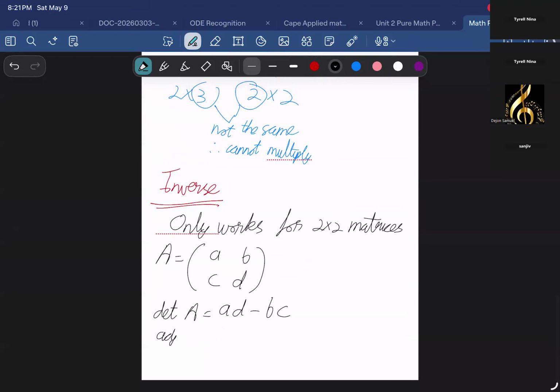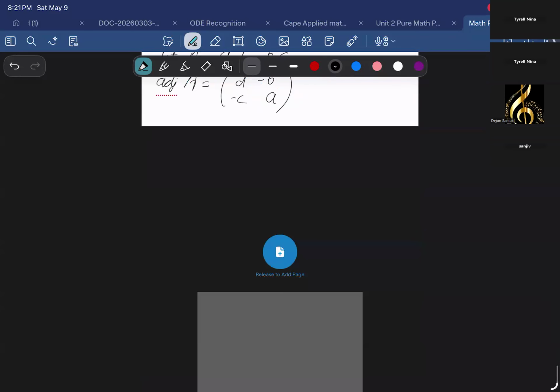The adjoint of A is D, minus B, minus C, A. So A inverse is 1 over the determinant of A times the adjoint of A.